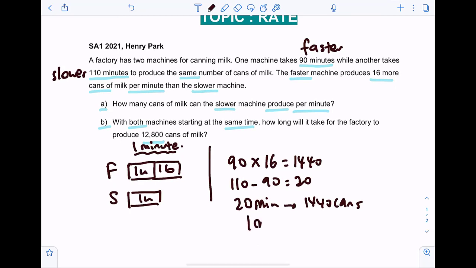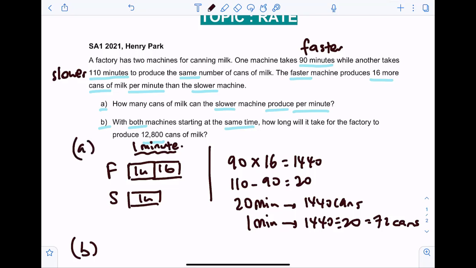For 1 minute, we take 1440 divided by 20, to give us an answer of 72 cans for the slower machine. So that is for part A.